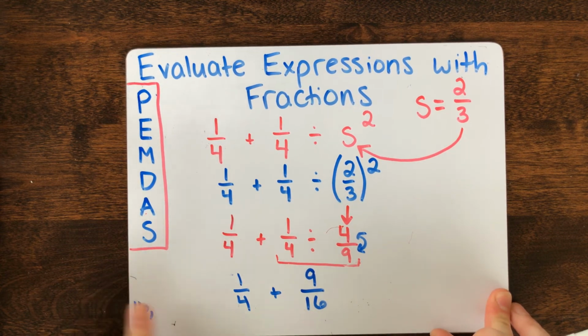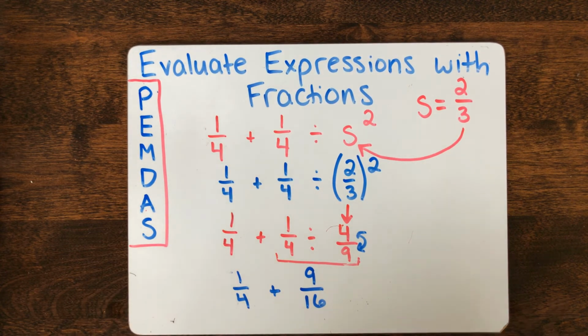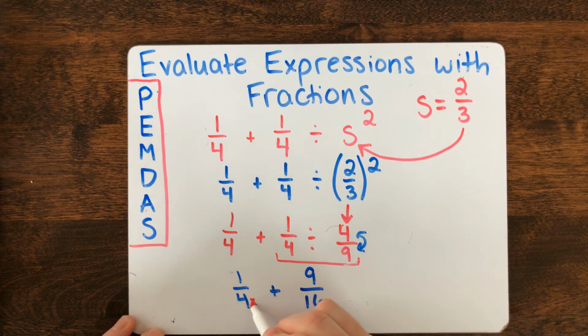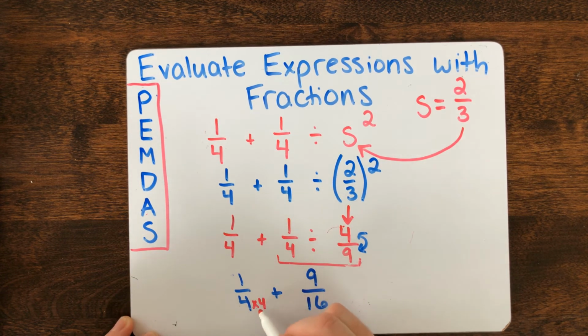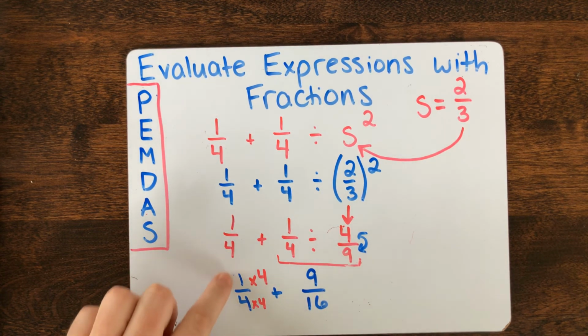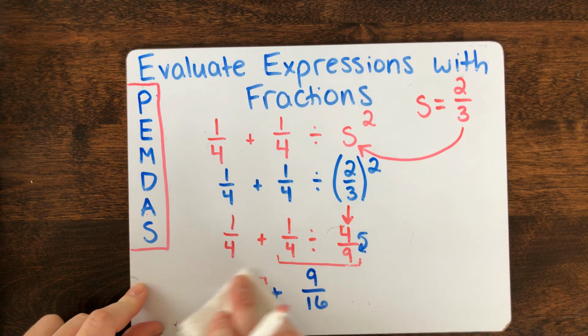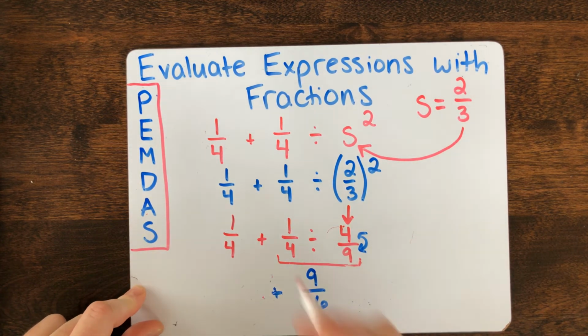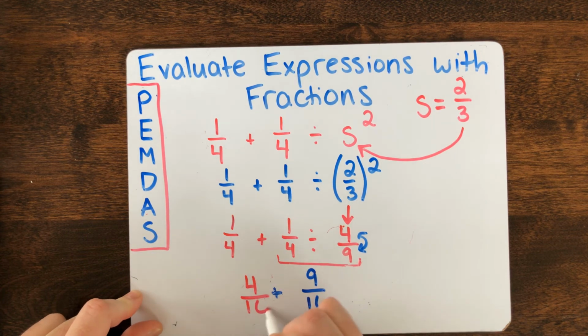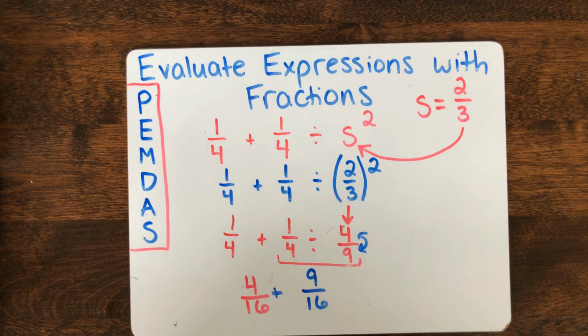So I can multiply the 4 by 4, and whatever you do to the bottom, you do to the top. So 1/4, an equivalent fraction with a denominator of 16, is 4/16. Whew.